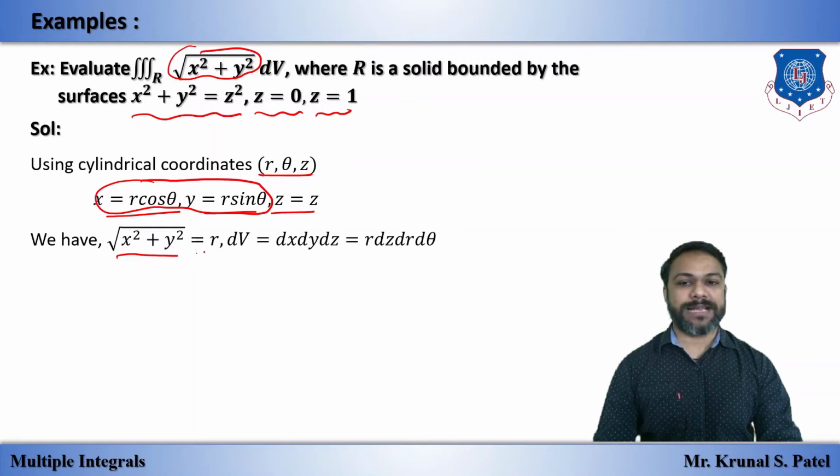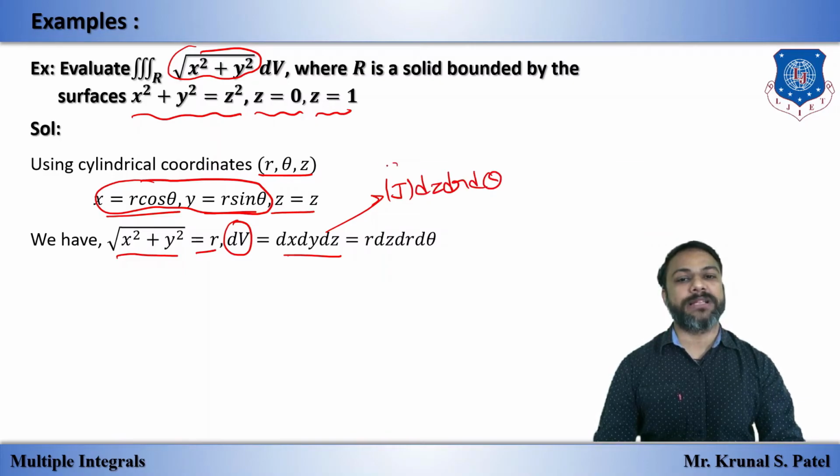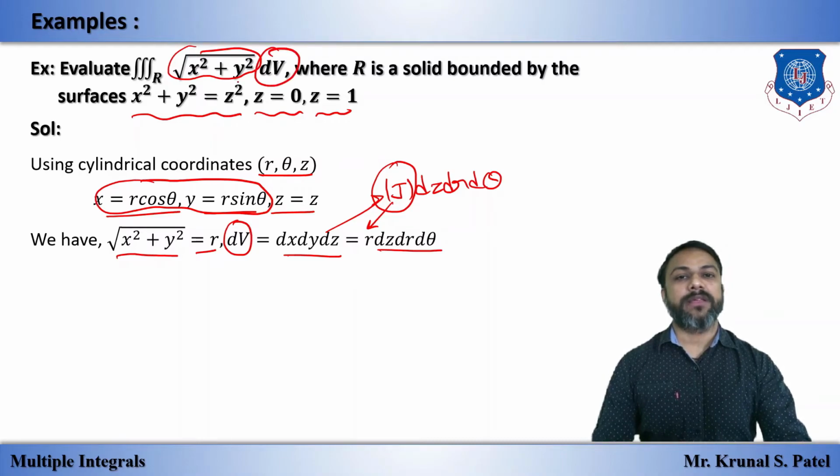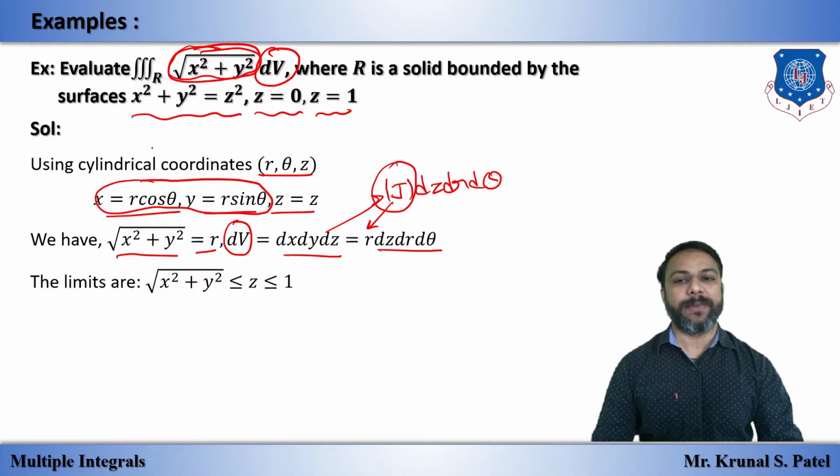So under root of this is r, and as we have discussed, dv, that means dx dy dz, is equal to j dz dr d theta, but we have seen that the Jacobian j is r. So we can put here r dz dr d theta. So this dv is ready. We have this integral, and the value of root x square plus y square is r, also ready. Now we only have to find the limits.